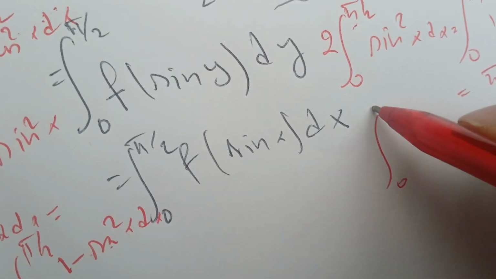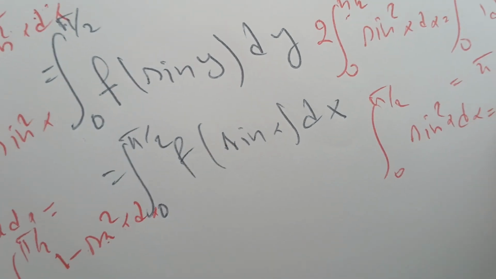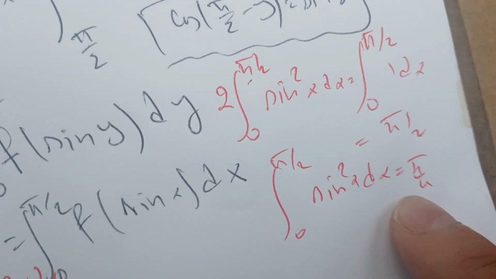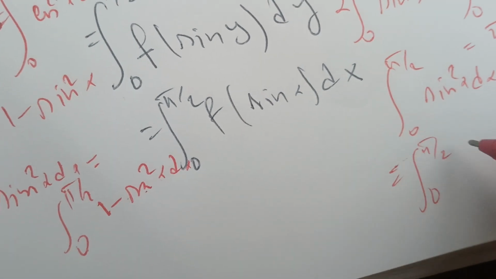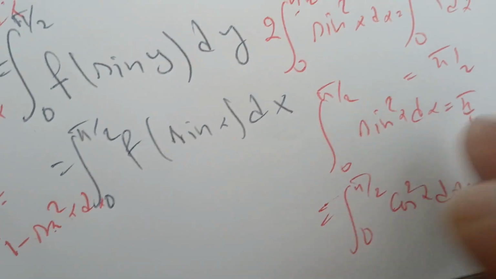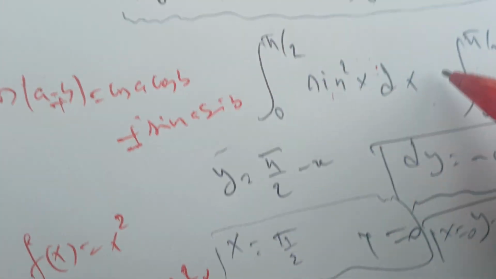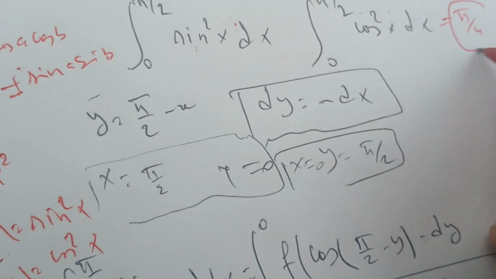Therefore, the integral between 0 and pi over 2 of sine squared of x dx is pi over 4. I divide both sides by 2. And the same, this is the same as the integral between 0 and pi over 2 of cosine squared of x dx. Okay, therefore, these two are equal, and they both equal pi over 4.